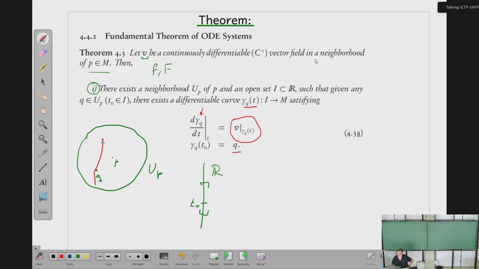So it satisfies the equation and has an initial condition that goes through q at t naught. Okay?